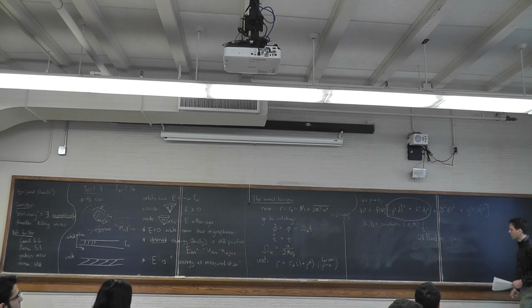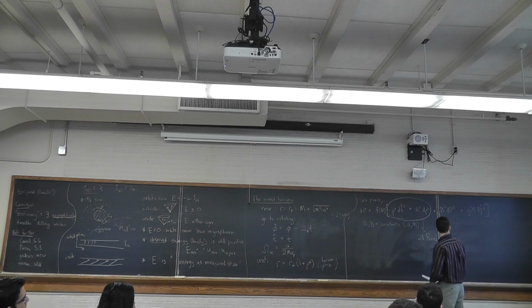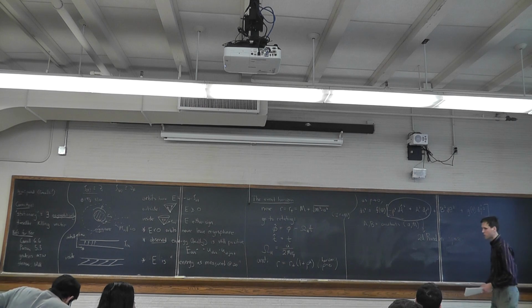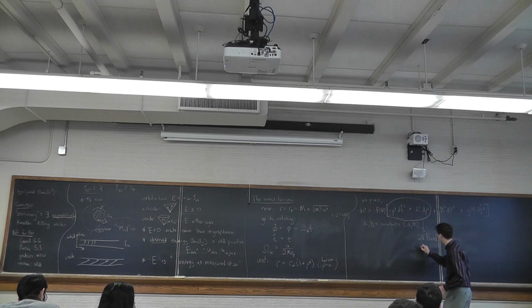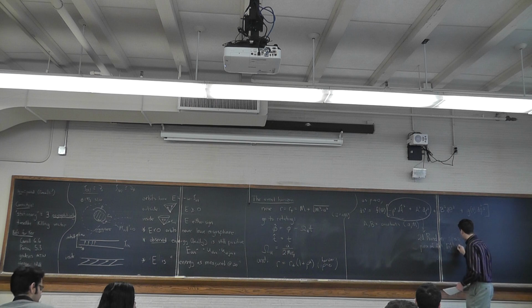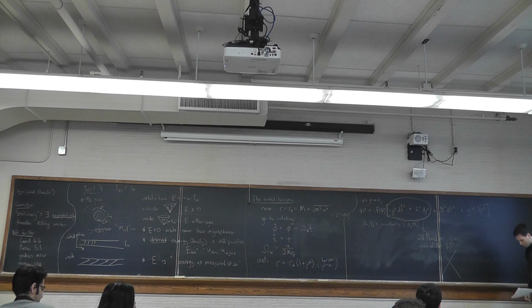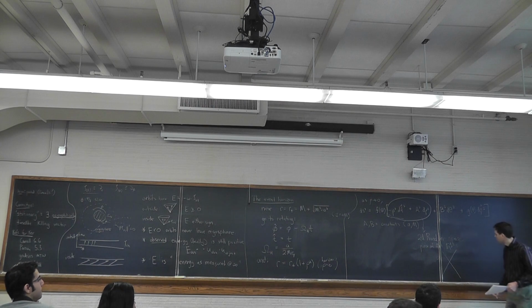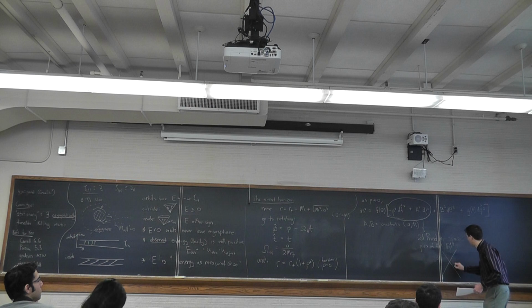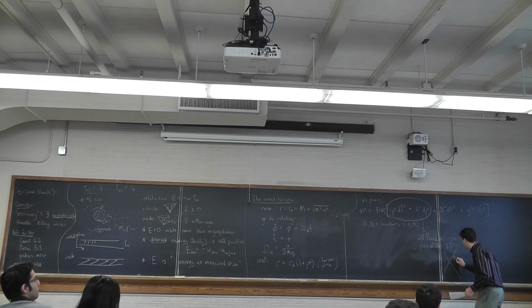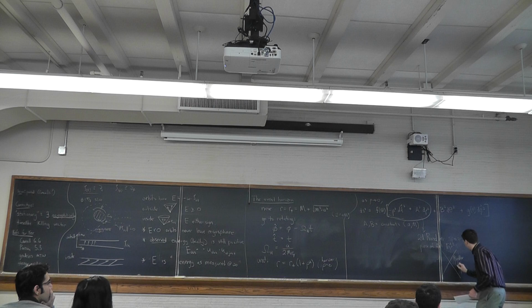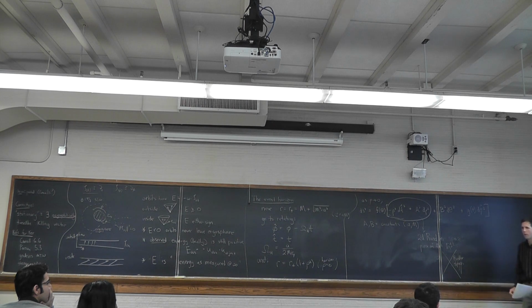So Rindler space, as we talked about last semester, is just a piece of flat space. So this is a piece of flat R^{1,1}. Which piece is it? Well, if we draw a picture of the light cones in flat space, then Rindler space is this wedge region over here on the right.